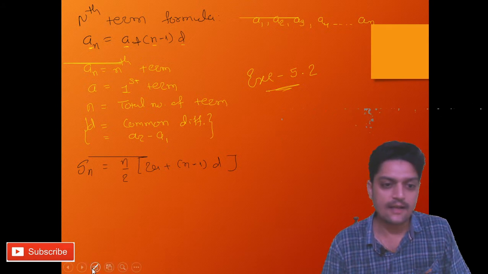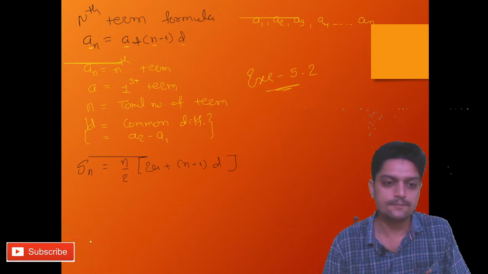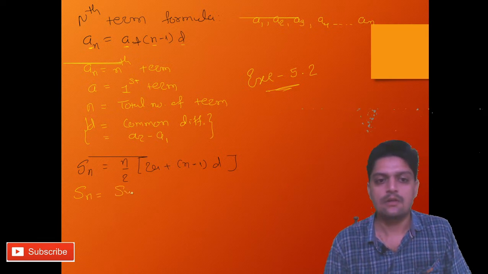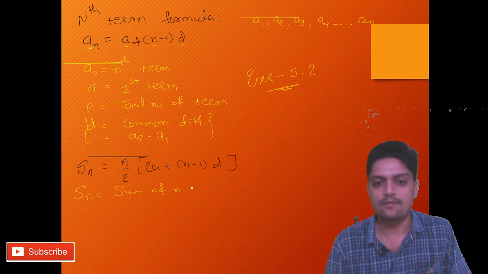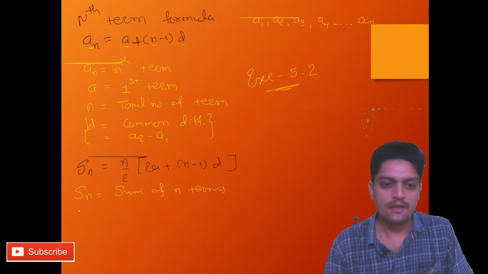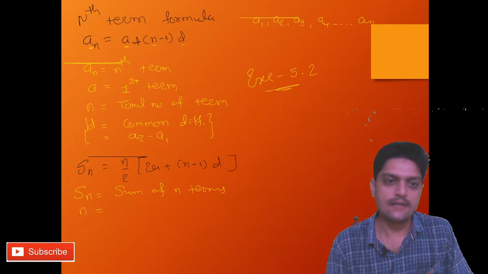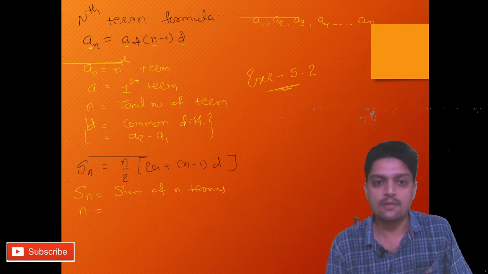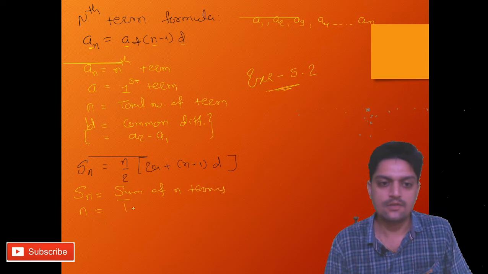Let me write here, Sn is equal to the sum of n terms, and n is, as above I have written, the total number of terms.